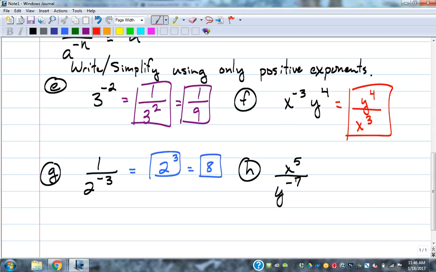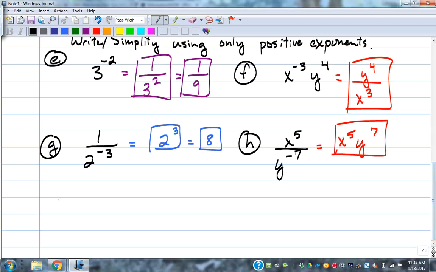And what's left in the denominator? In the numerator, x to the 5th doesn't move. y to the 7th comes up there. What's in the bottom? Technically a 1. You don't have to write it, but technically there's a 1 down there left over. That's not very difficult. So far, it's pretty easy.